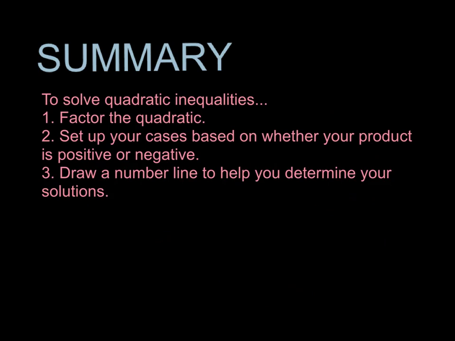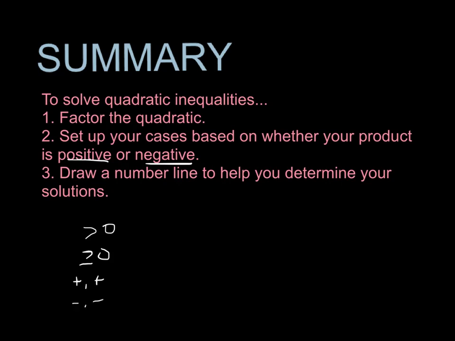And here is our summary. In order to solve quadratic inequalities, you want to factor the quadratic. Then step 2, you're going to set up your cases based on whether the product is positive or negative. So if the product is positive, that's greater than 0 or greater than or equal to 0, you know that your cases are that both are positive or that both are negative.